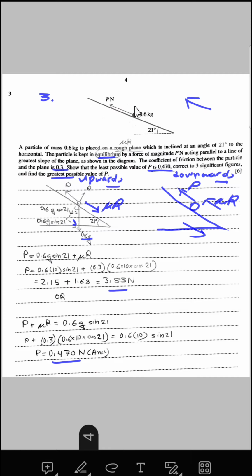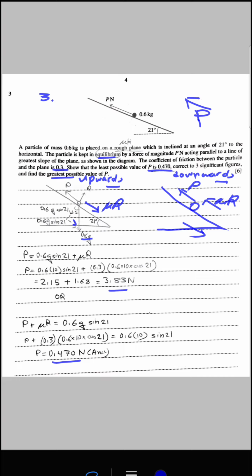For this question, we have to consider that P is always acting upwards. That means whatever changes, P remains the same, acting upwards. The coefficient of friction between the particle and the plane is 0.3, so the value of μ is 0.3.